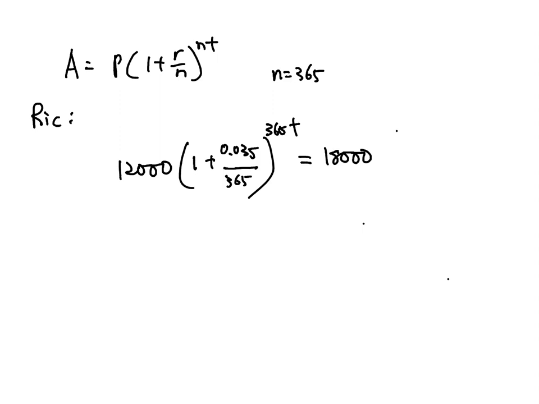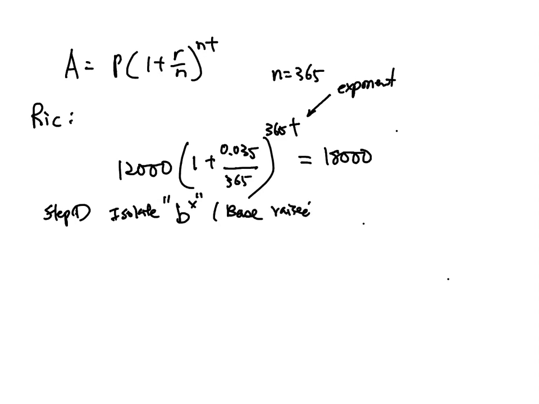All right. So here we go. Again, this is an exponential equation, because the variable is in the exponent. So we need to isolate b to the x, the base raised to the exponent.